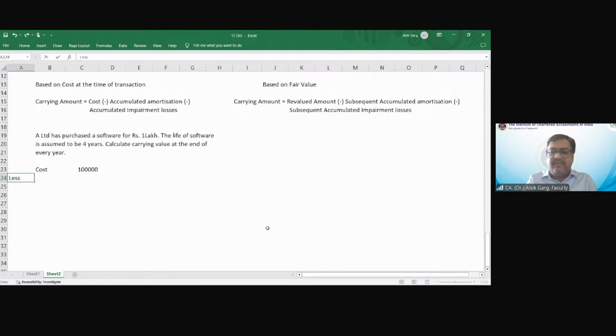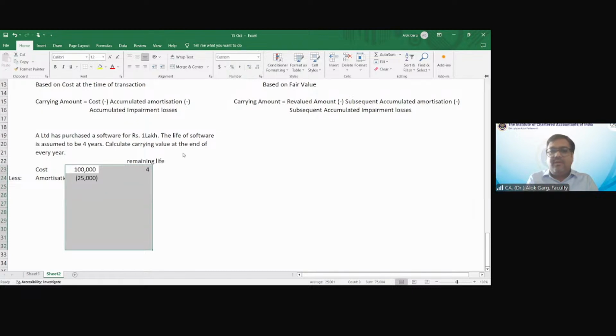Less amortization. What is my remaining life? 4 years. This divided by 4 is 25,000.